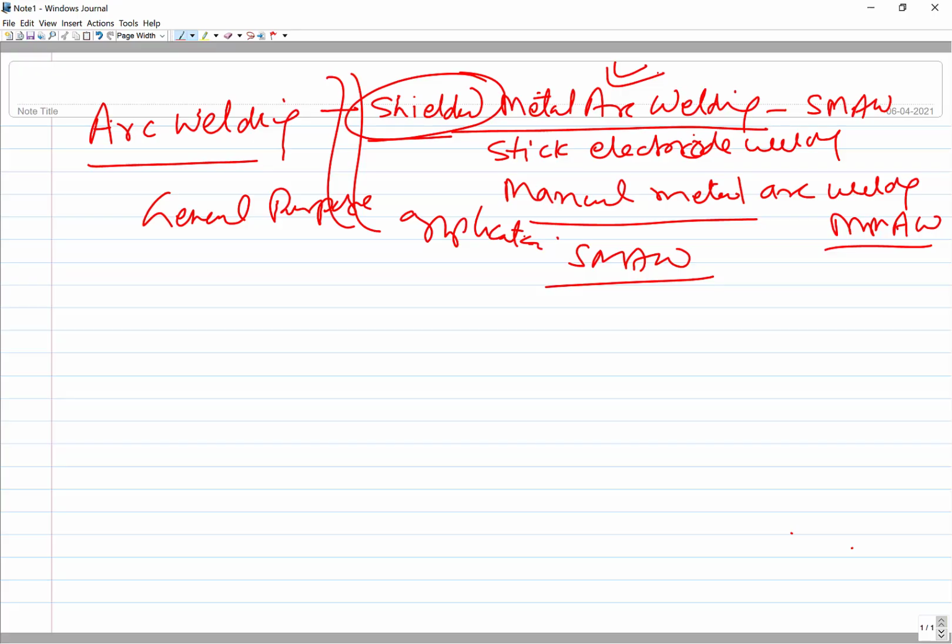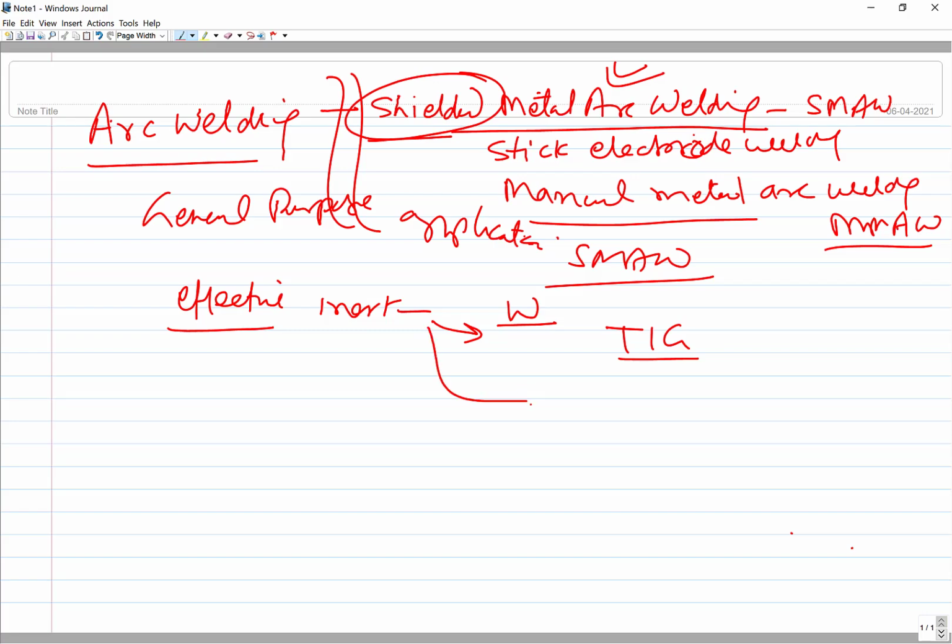There are other processes. For effective shielding, when we use inert gas with a tungsten electrode, we call it tungsten inert gas welding. When we use a consumable electrode with the inert gas, it is called metal inert gas welding.